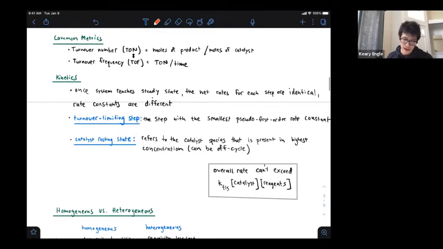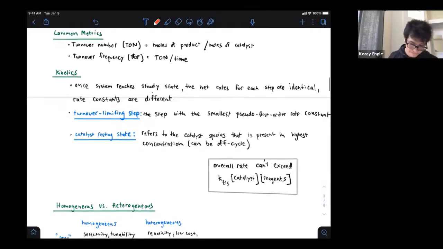That's in some sense a measure of catalyst stability or lifetime. Really stable homogeneous catalysts can sometimes give you tens of thousands of turnovers. And then turnover frequency is the kinetic measurement that is turnover number for a given unit time. So the first is lifetime and the second is kinetic reactivity.